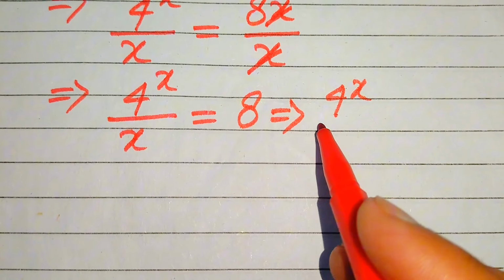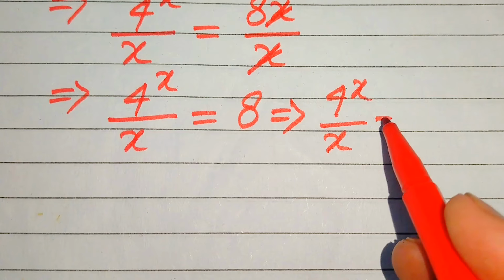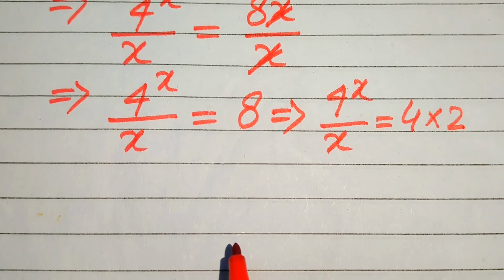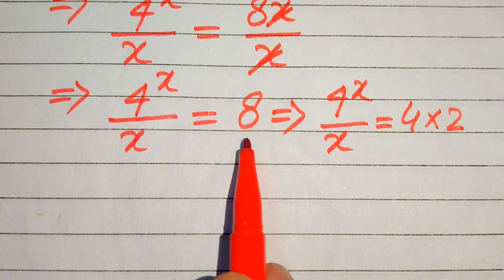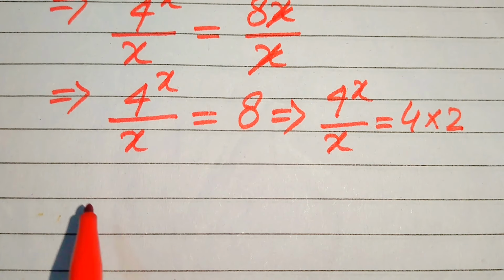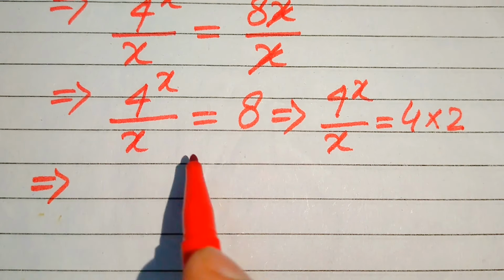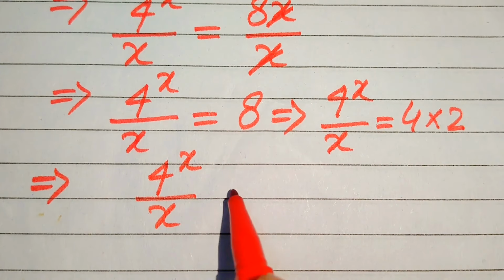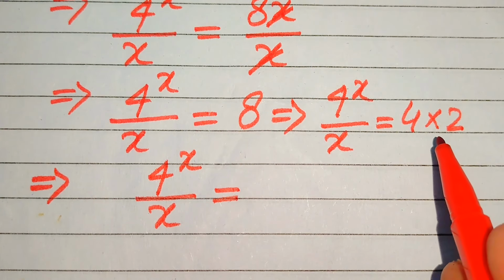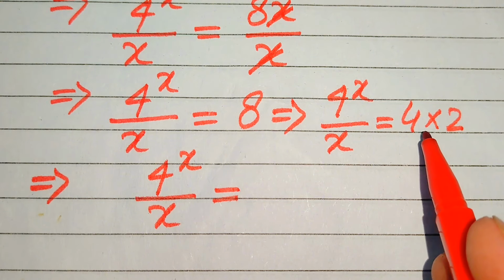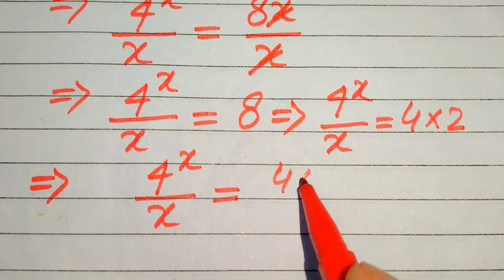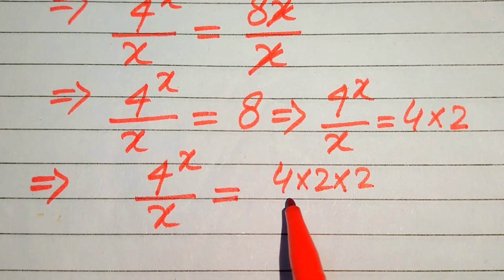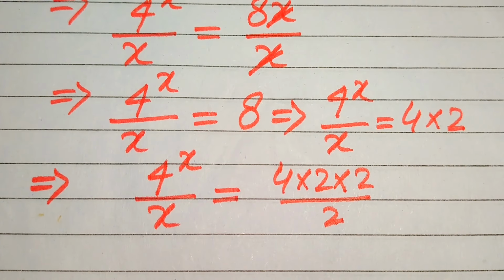Further in the next step we need to focus on the right hand side, where we have 8. Now we will break this 8 in this form: we write it as 4 times 2 becomes 8. So we have 4 to the power of x divided by x is equal to 4 times 2, and now we multiply and divide the right hand side by 2.